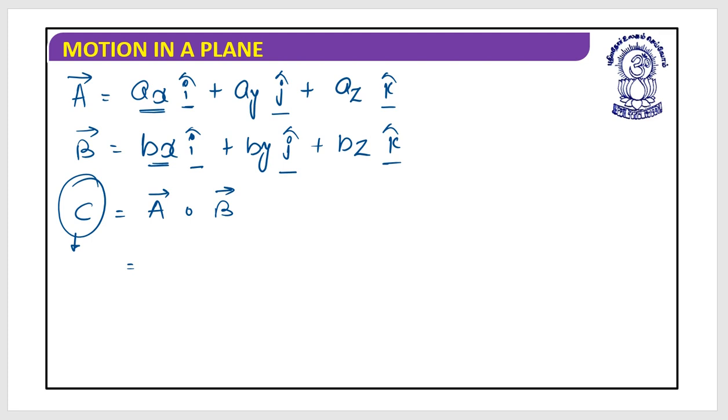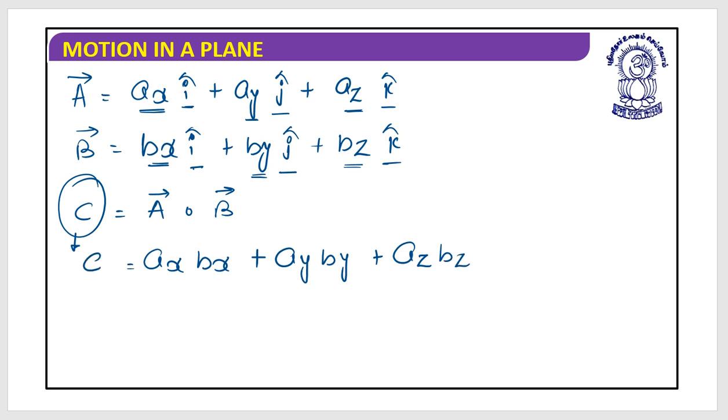What you need to do is multiply the coefficient of i cap with the other coefficient of i cap. That means i multiplied with i, j with j, k with k, but with sign. So here it is ax bx plus ay by plus az bz, which is equal to c.